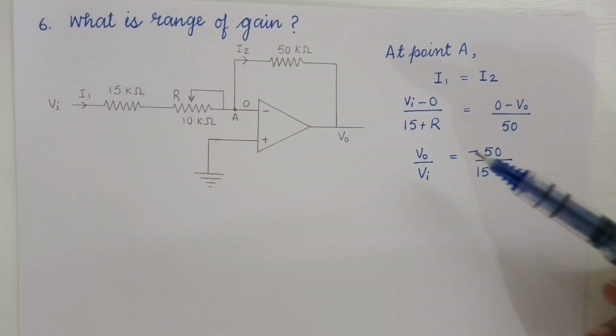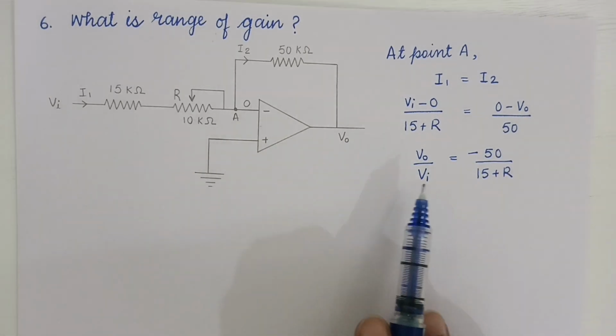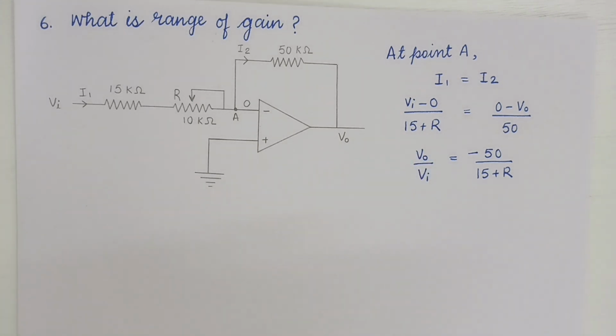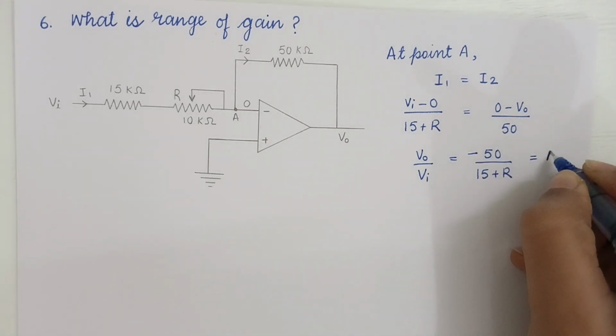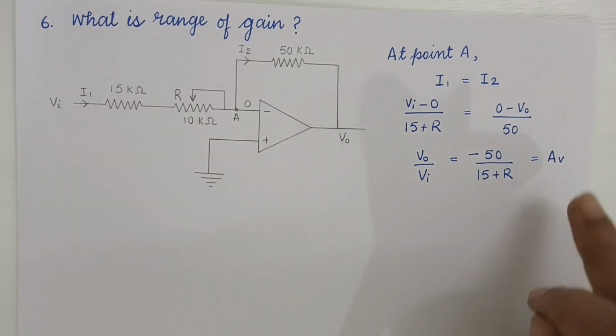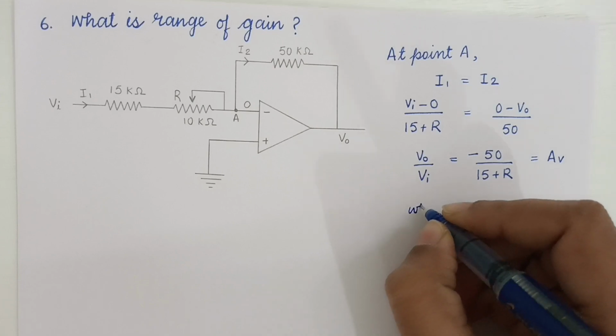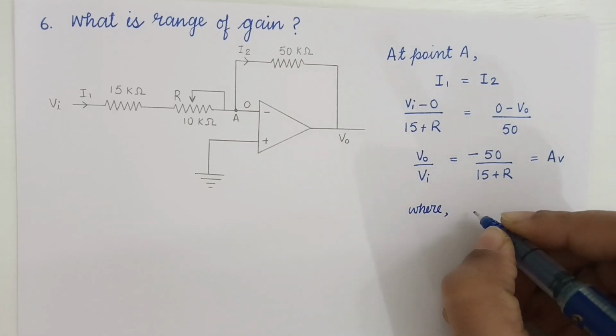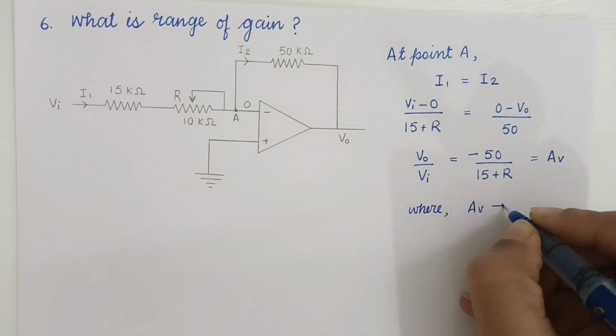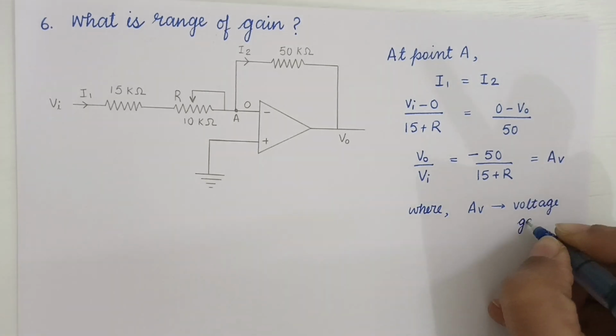So here we get V naught by Vi. Now this V naught by Vi is the voltage gain, which is written as AV. This is the voltage gain. Let me write here, where AV is the voltage gain.